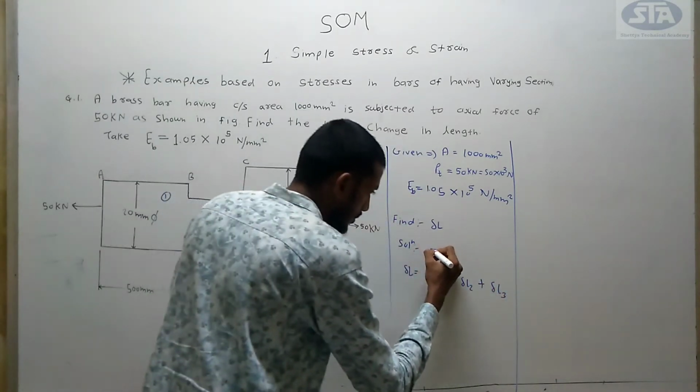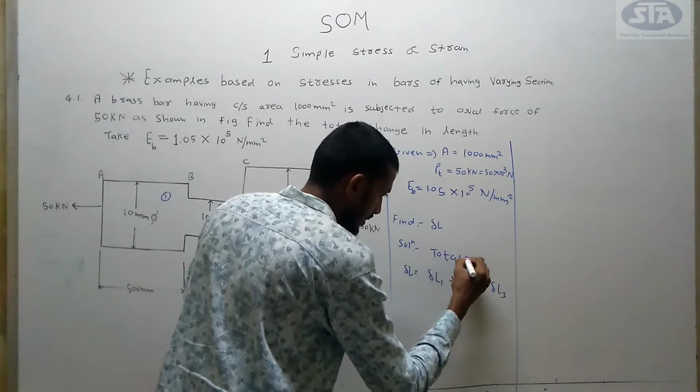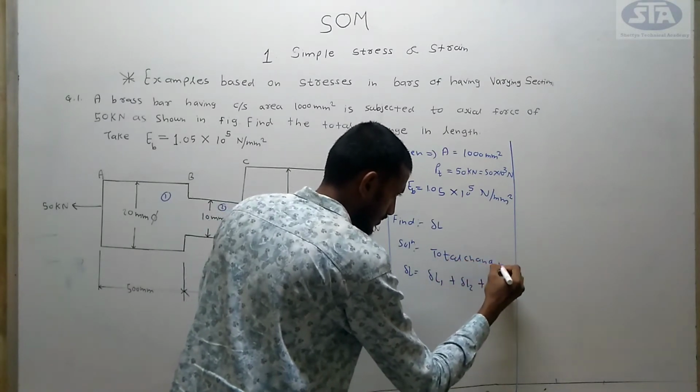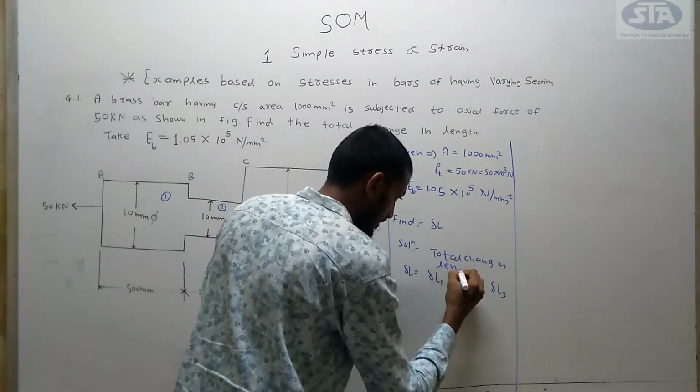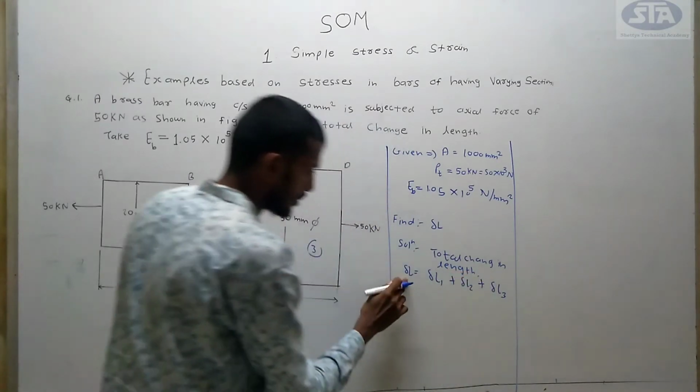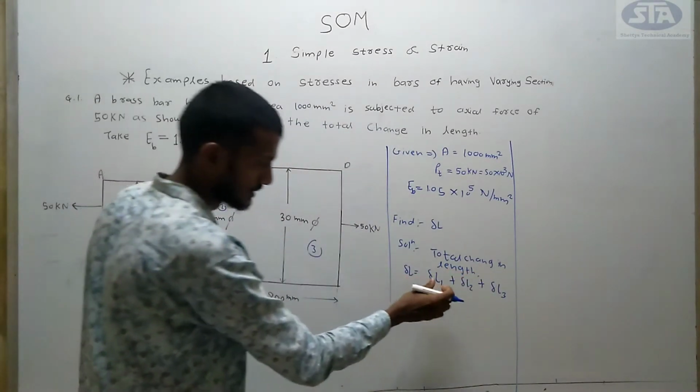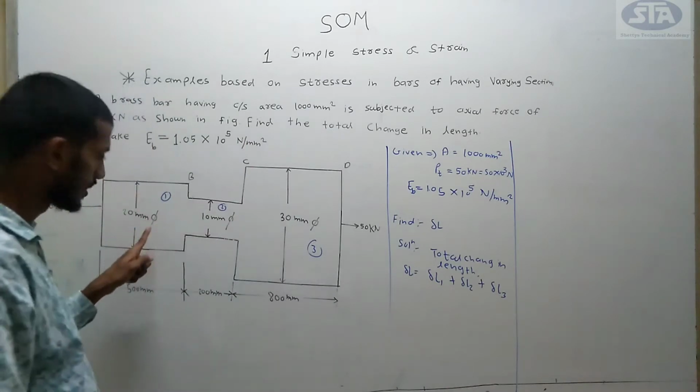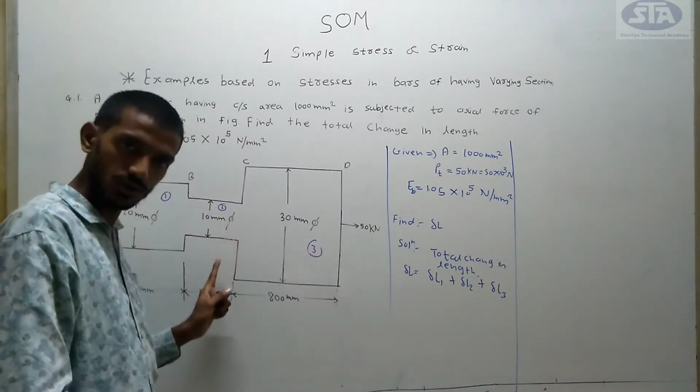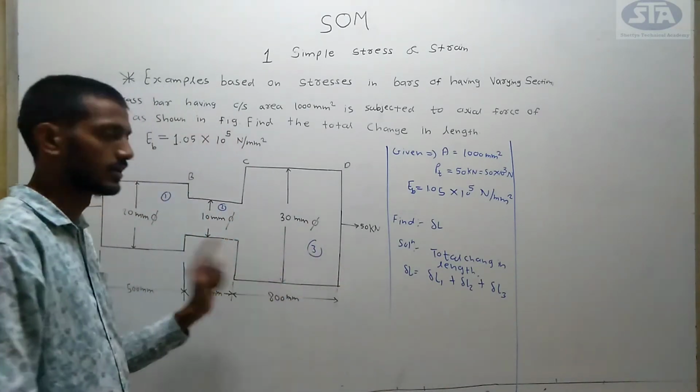This is called total change in length: delta L equals delta L1 plus delta L2 plus delta L3.